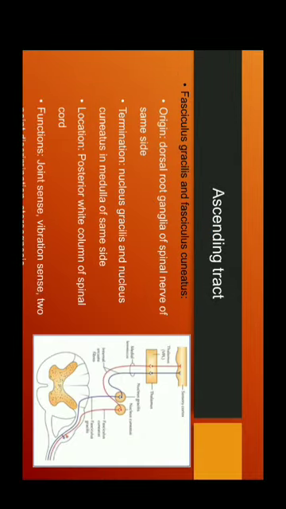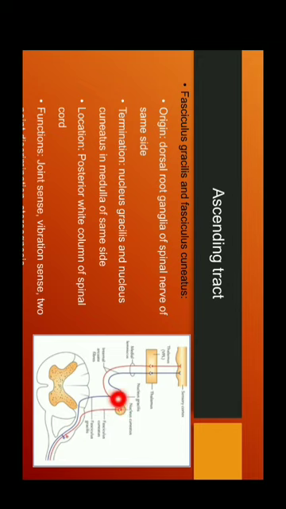Next, we'll see the fasciculus gracilis and fasciculus cuneatus. The origin of this is from the dorsal root ganglion of the spinal nerve of the same side, and then the fibers continue along the posterior column. It continues upwards till the medulla oblongata, where it gets relayed in the nucleus cuneatus and nucleus gracilis.